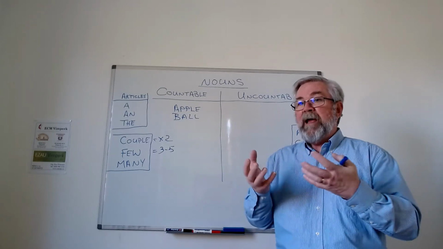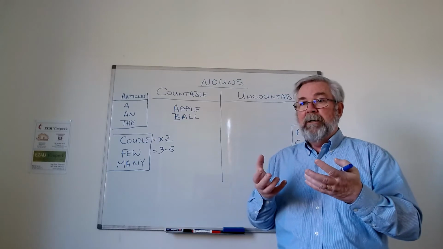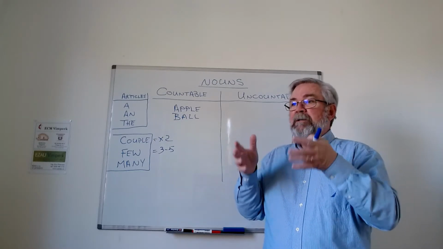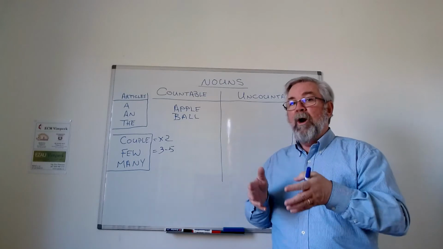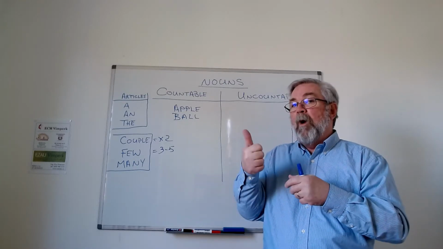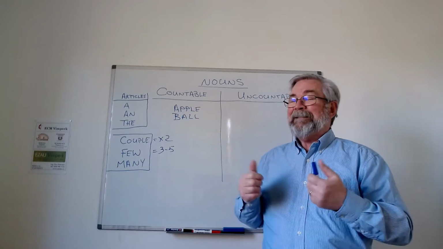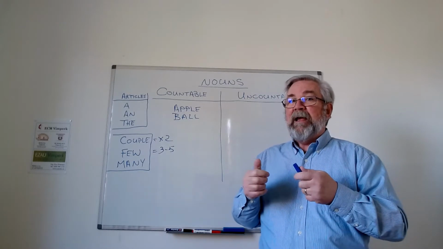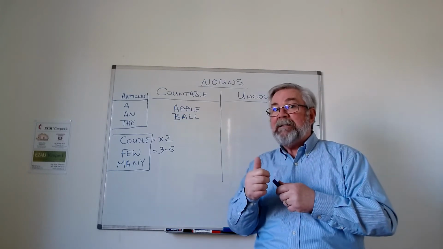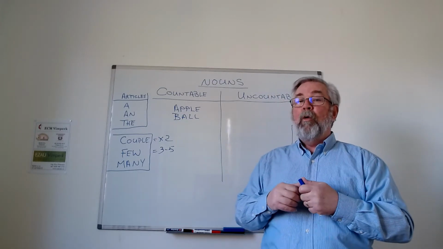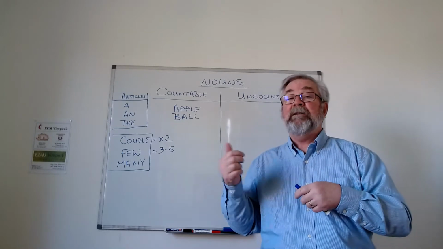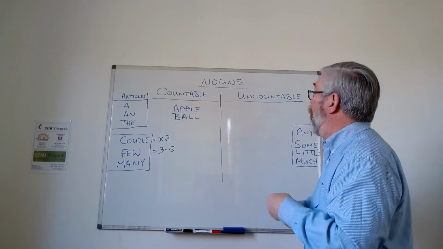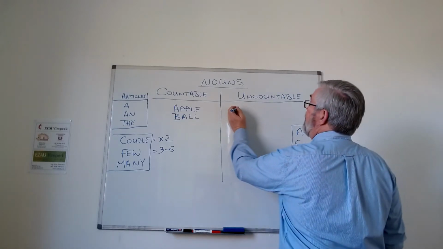Can you put a quantity to water without putting something in front of it? Just the word water. Can you say one water? No, not really. You would say one glass of water, or one pint of water, or 1 liter of water.